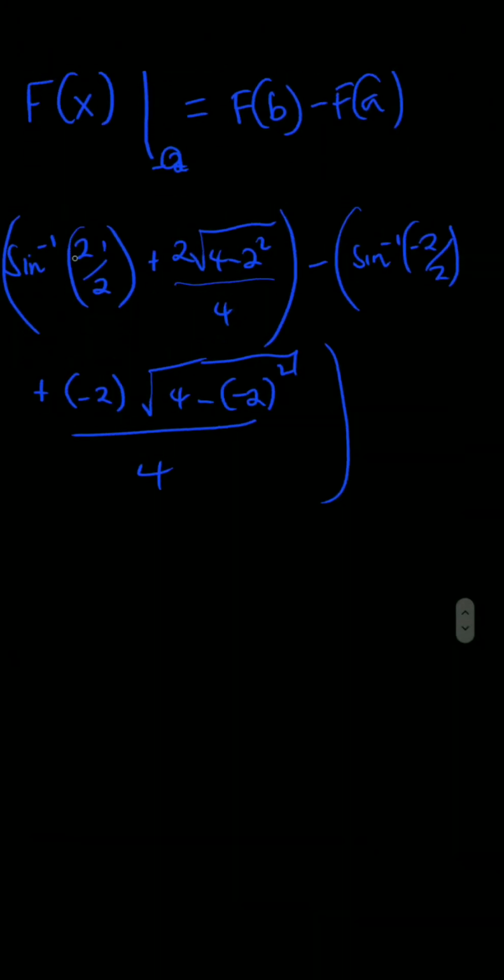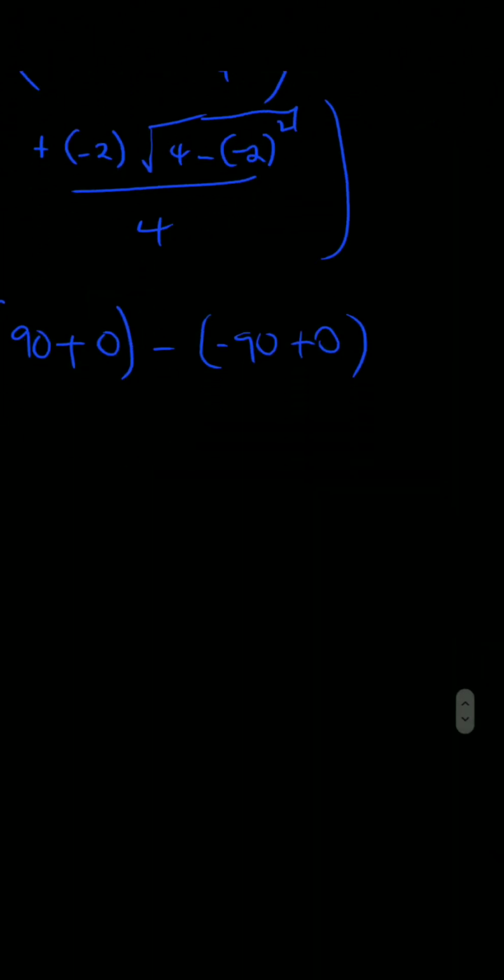After this is done, we now evaluate. So I have sine inverse of 1, and sine inverse of 1 gives us 90 degrees. So I'm going to have 90 degrees plus 0. Then we go to the next part where we say minus. We open. That is negative 2 over 2, which gives us negative 1, and sine inverse of negative 1 gives us negative 90, then plus 0.